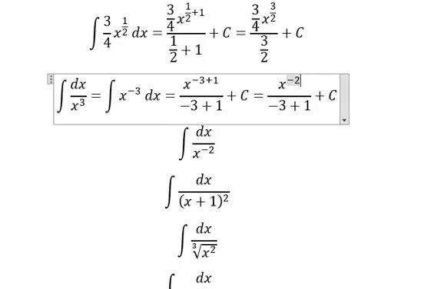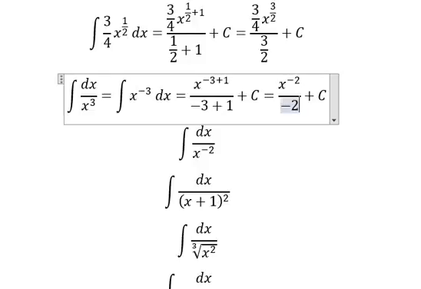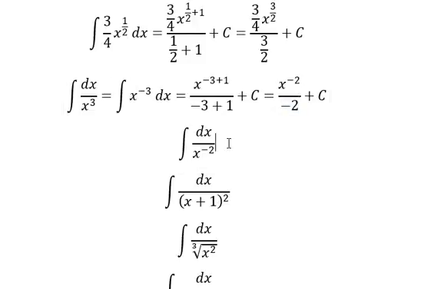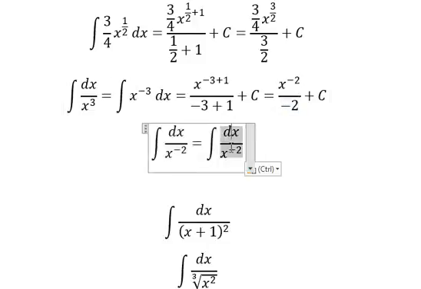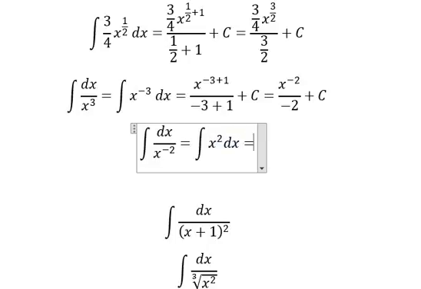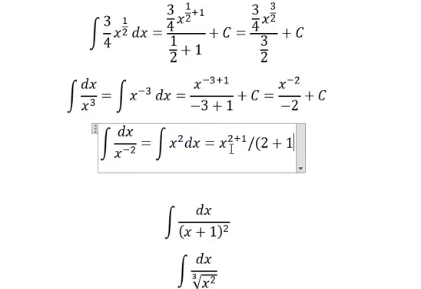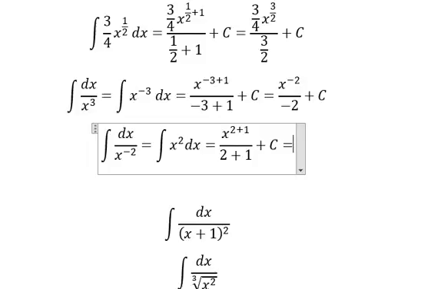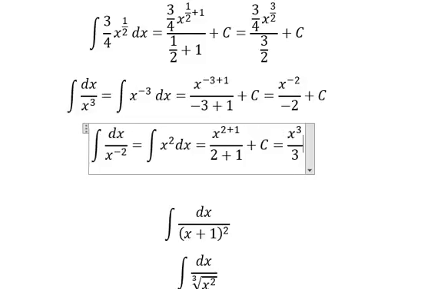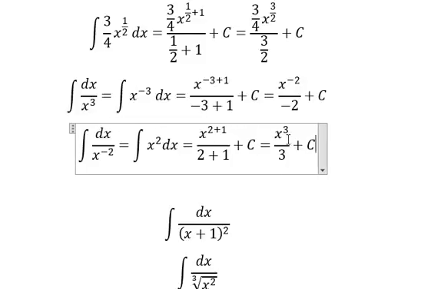We have negative 2. So we have 2 plus 1 over 2 plus 1, plus c. And this is the final answer.